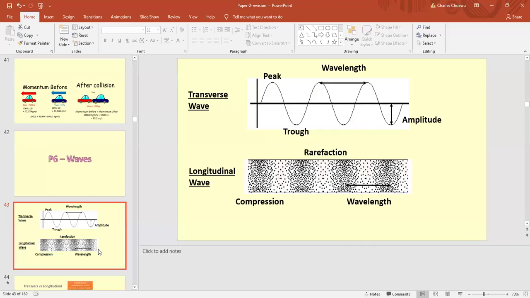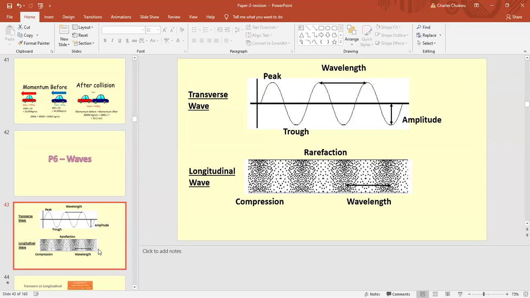All right. So we're on to waves. Take a look at the diagrams carefully because they could ask you to label them. That's a transverse wave, right?